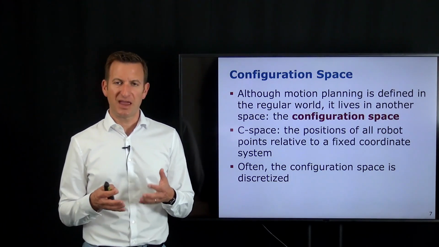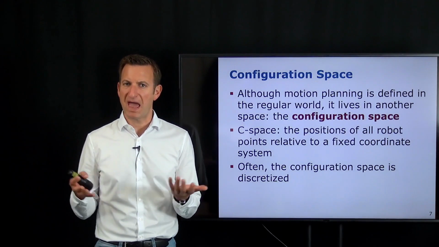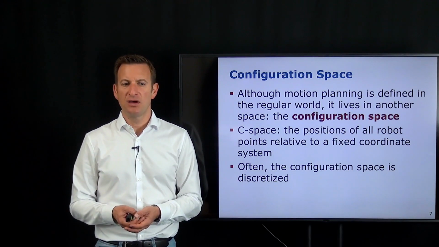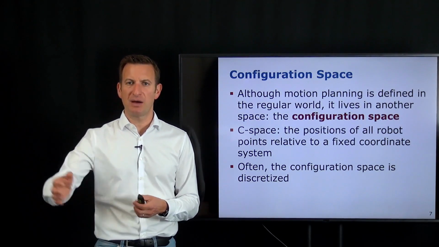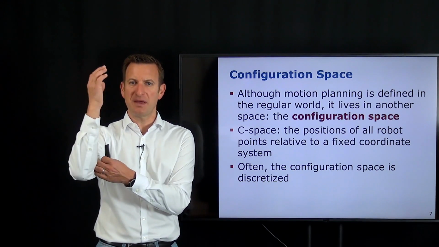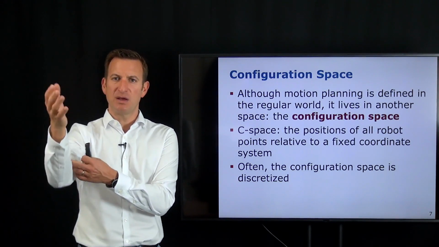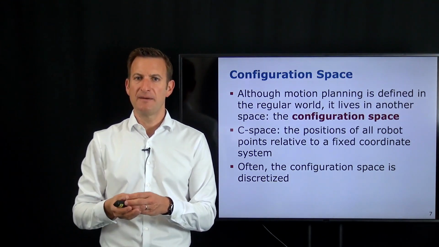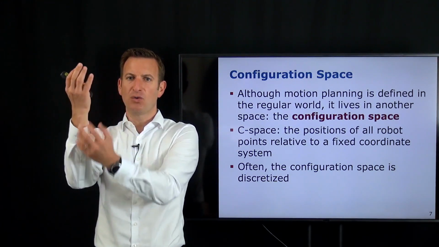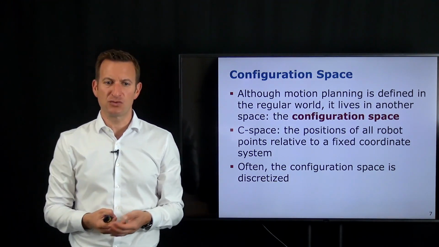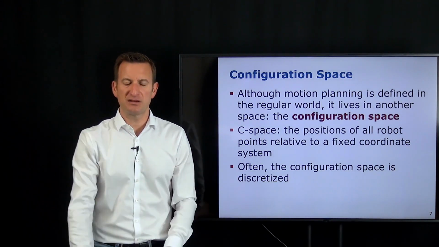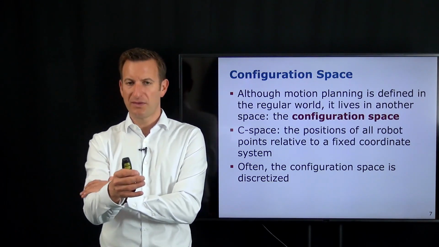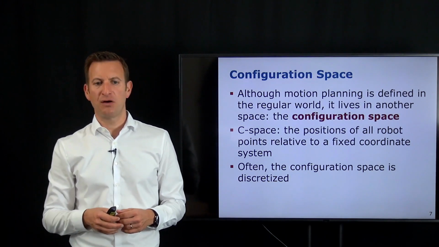So this can be different from our X, Y, Z space as we know it. For example, if we have a manipulator arm and we have joints with angles describing which configuration the joints are in, then the configuration space is kind of the whole geometry of the arm of the robot, but we can internally represent it, for example, by just using the angular components of our joints.